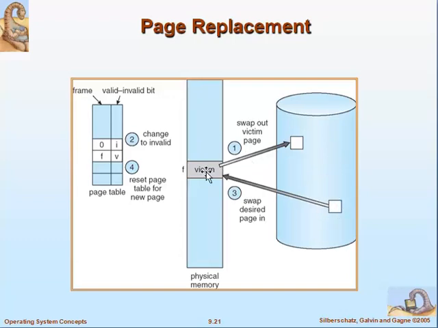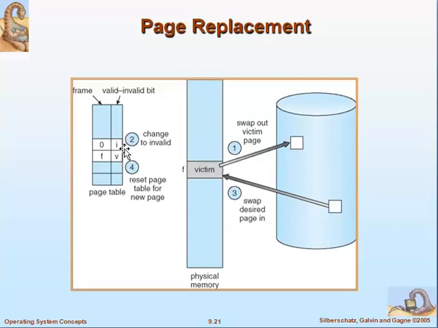First it will swap out the victim page. It will take this victim page out. This victim page, selected based on the replacement algorithm, is swapped out and then changed to invalid, because earlier this victim frame would have been valid.